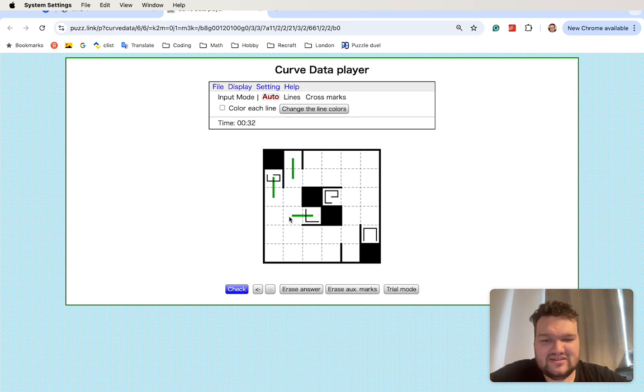And this is a horizontal line, so it must correspond to this horizontal line from the clue. And so at some point we should go up, but if I go further left, I cannot go up because that would connect two clues. So I will go up here. I can connect here. I can also not connect here, and I don't know which one is the correct one.